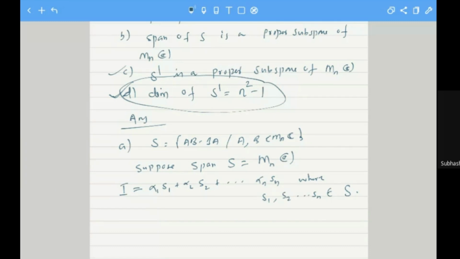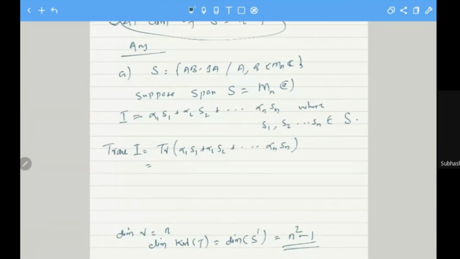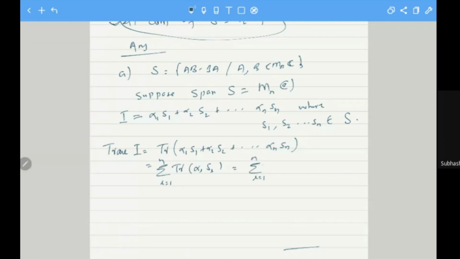Now we apply trace on both sides. Trace of identity equals trace of alpha 1 S1 plus alpha 2 S2 plus etc. alpha n Sn. Trace is a linear map, as we already noted before, so this is the summation for i equal to 1 to n of alpha i times trace of Si.